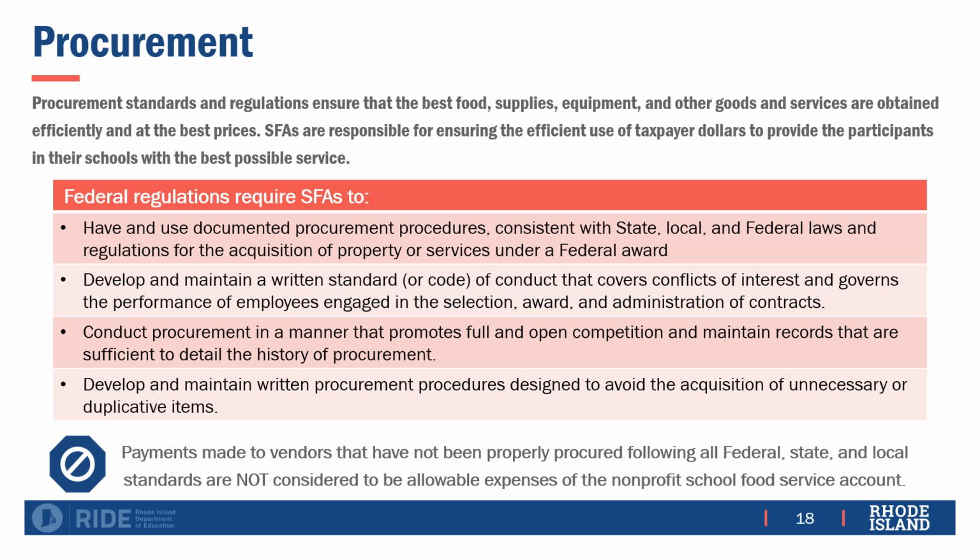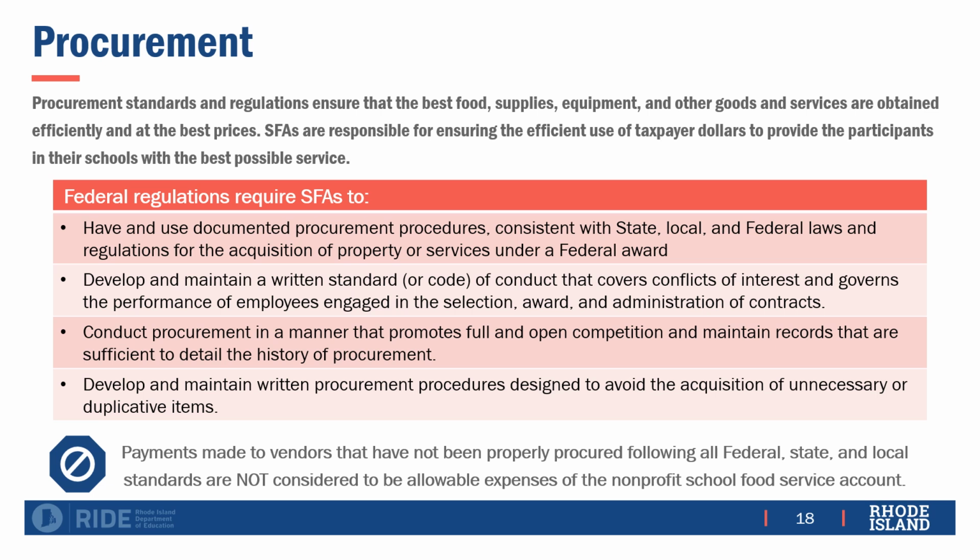SFAs must maintain records that are sufficient to document the history of procurement in a way that demonstrates full compliance with all local, state, and federal requirements. Payments made to vendors that have not been properly procured are not considered to be allowable expenses for the nonprofit school food service account.